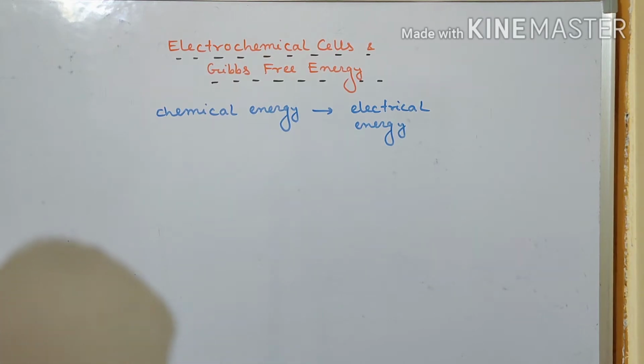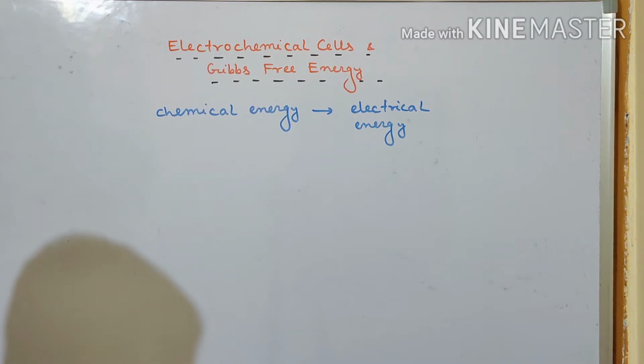So in an electrochemical cell, for the work done by transferring electrical energy through an external circuit, we are going to calculate how much work is done.